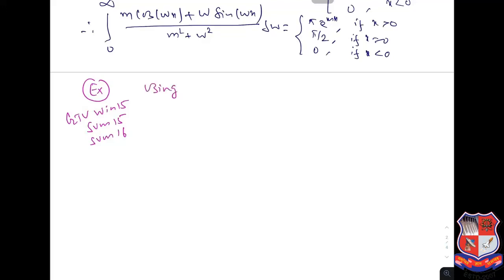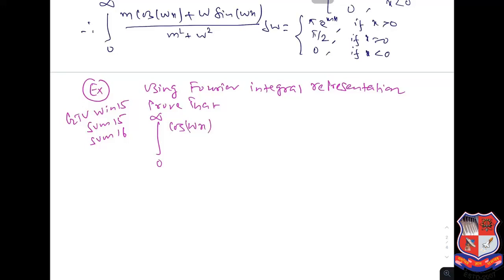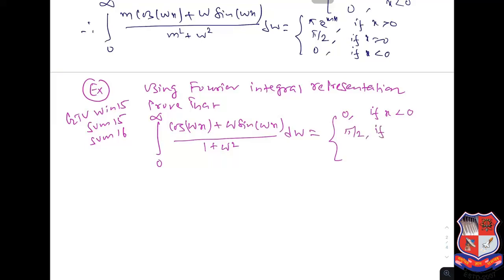The question is like this: using Fourier integral representation, prove that integration 0 to infinity, cosine omega x plus omega sine omega x over 1 plus omega square, d omega, equals 0 if x less than 0, pi by 2 if x equal to 0, pi e power minus x if x greater than 0.